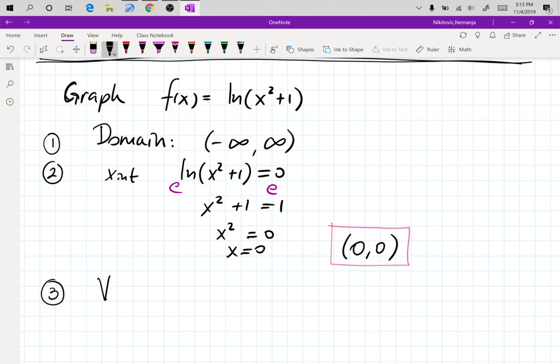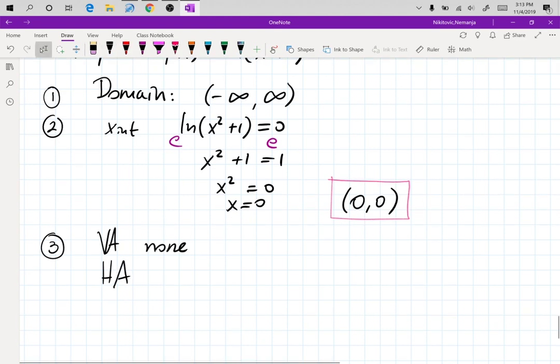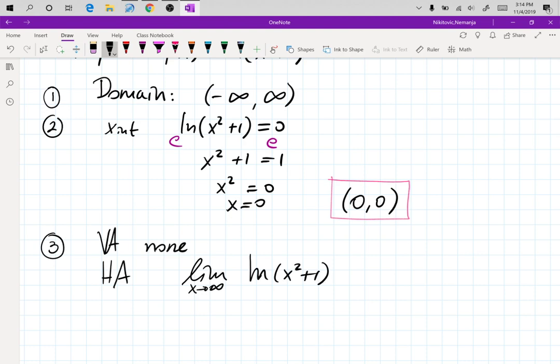3. Vertical asymptote: none, because there are no interruptions in the domain. That's one of the prerequisites. Horizontal asymptote: we are supposed to run the limit as x goes to infinity of ln of x squared plus 1. To solve this, we will interchange the limit and ln.